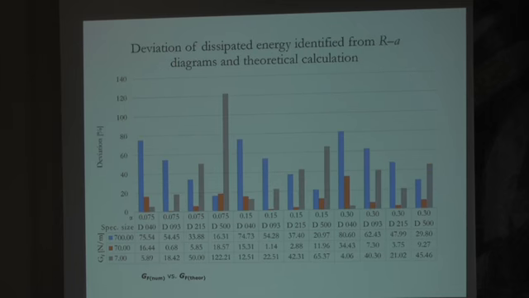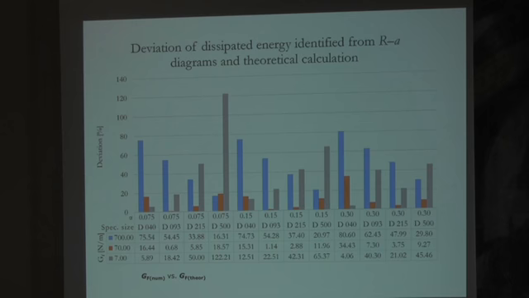And this is the deviation of the two parts I showed you, the numerical energy obtained from the area and the theoretical one obtained from the formula. You can see the strong fluctuation of these results.